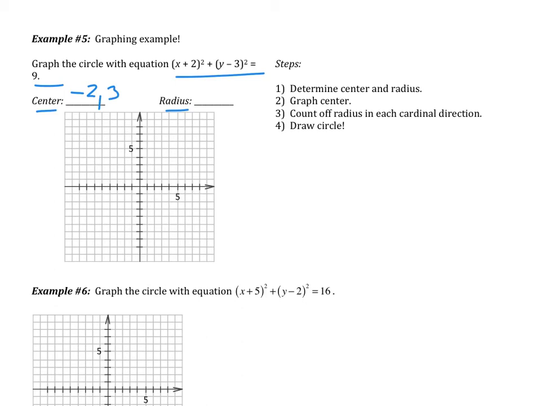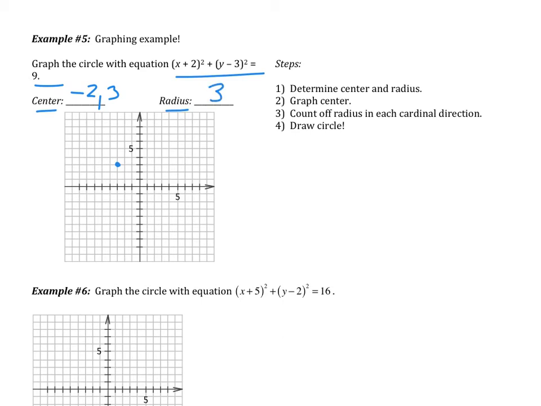So I'm going to go to -2, comma 3 and plot a point. That represents the center. Next, what's the radius if the equation says equal to 9? 3. I heard that the radius is equal to 3 because the square root of 9 is 3.